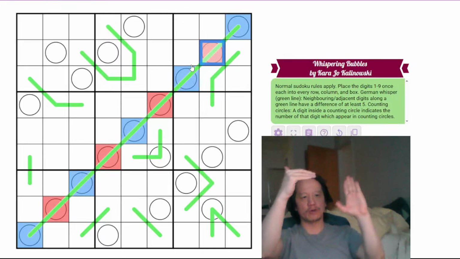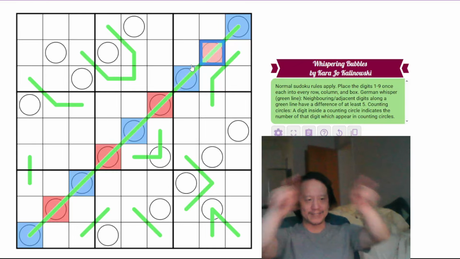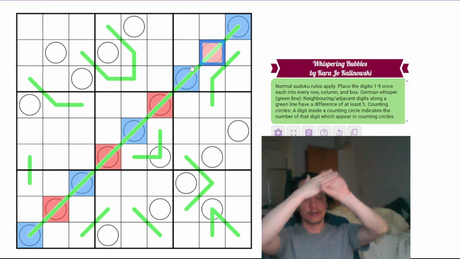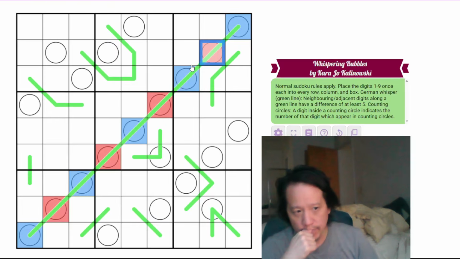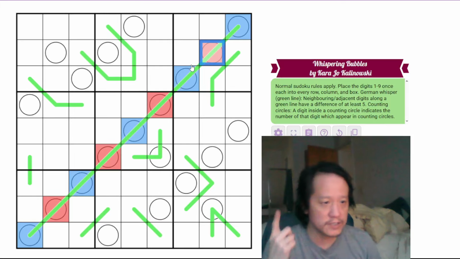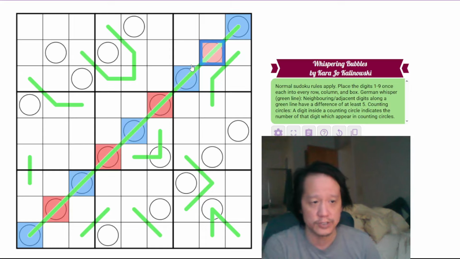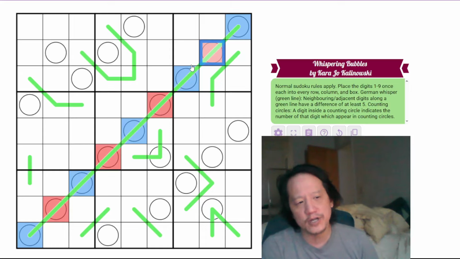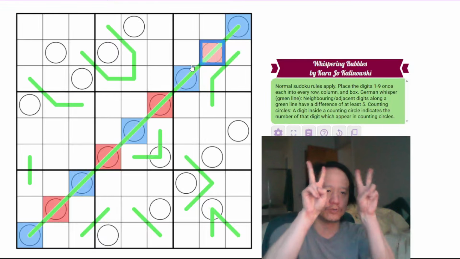So the total number of digits in counting circles must sum exactly to a subset of the digits from 1 through 9, because 1 is going to appear once, 2 is going to appear twice, 3 is going to appear 3 times, etc. So that means you can have at most 1 through 6 adding up to 21, but that's not possible because you have to have 2 high digits and 2 low digits at least.